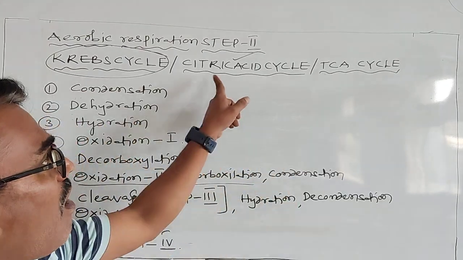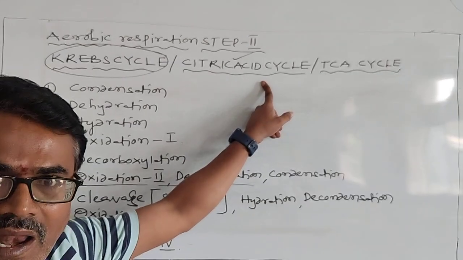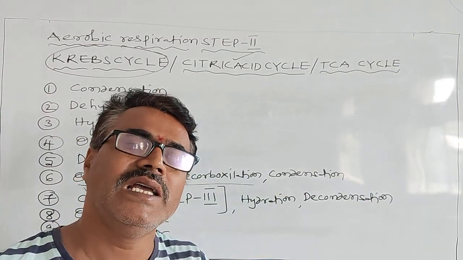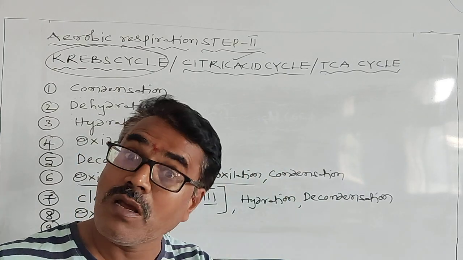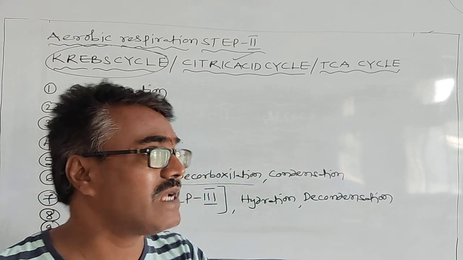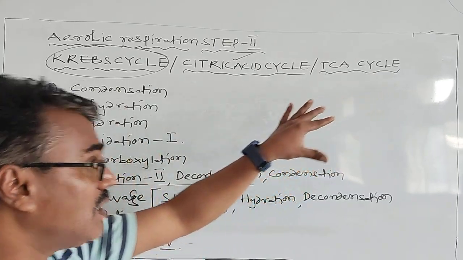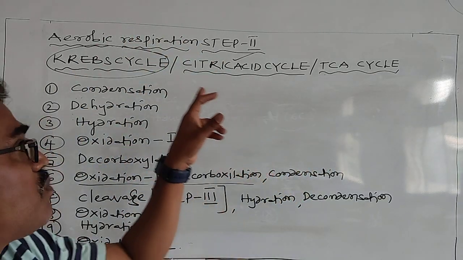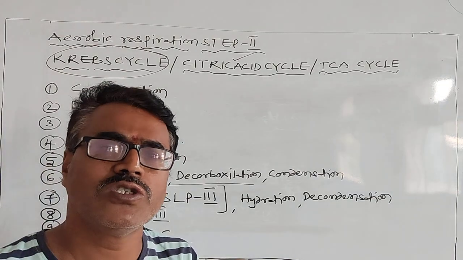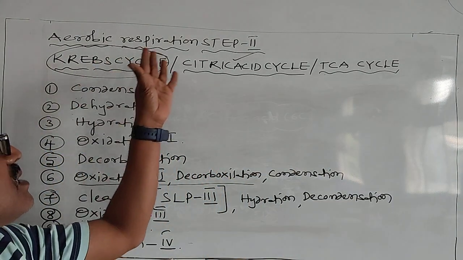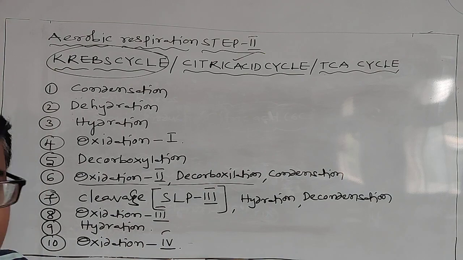So it's called the citric acid cycle. Citric acid has 3 carboxylic groups, so it's called the tricarboxylic acid cycle. This pathway was proposed by Sir Hans Krebs, so in his honor it is also called the Krebs cycle.